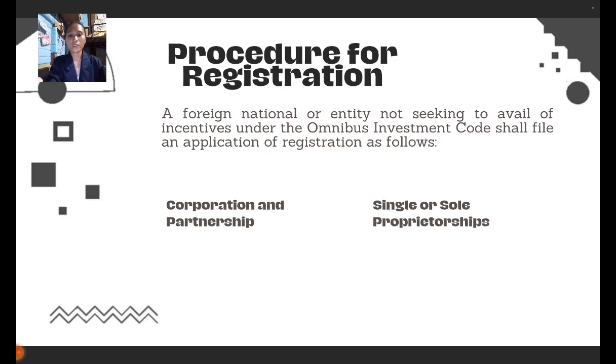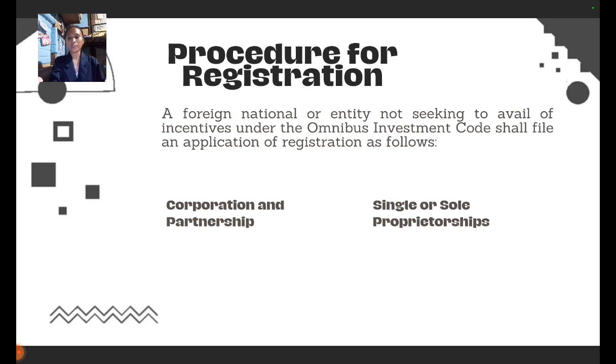A foreign national or entity not seeking to avail of incentives under the Omnibus Investment Code shall file an application of registration as follows. We have here the corporation, partnership, and single or sole proprietorship.